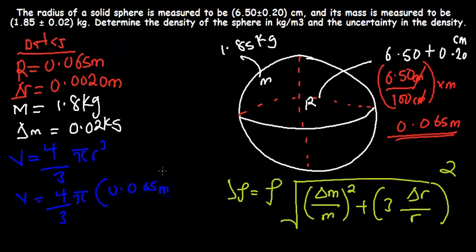Remember to put your unit, which is in meter, and this is going to be in cube. 0.065 to the power of 3 is simply going to be 2.75 exponential negative 4 in meter cube. The cube outside will multiply the meter. So we can say our volume is simply going to be 4 divided by 3 pi into bracket of 2.75 exponential negative 4 in meter cube.